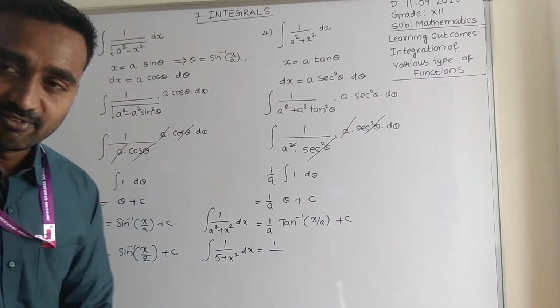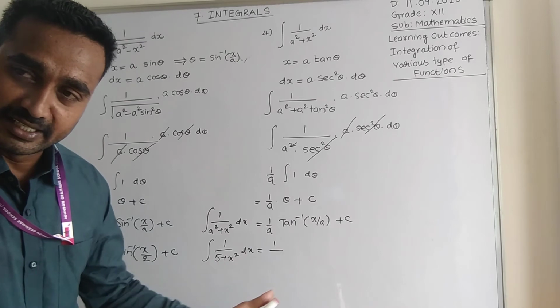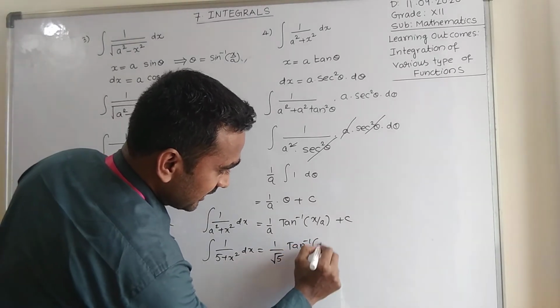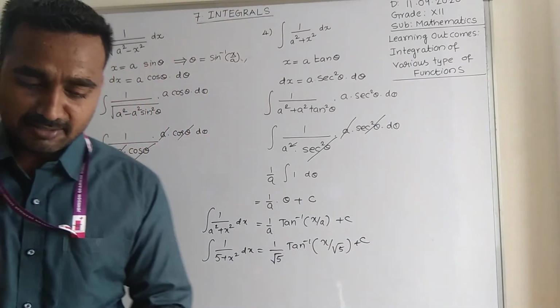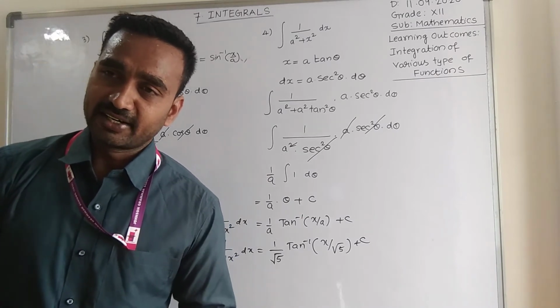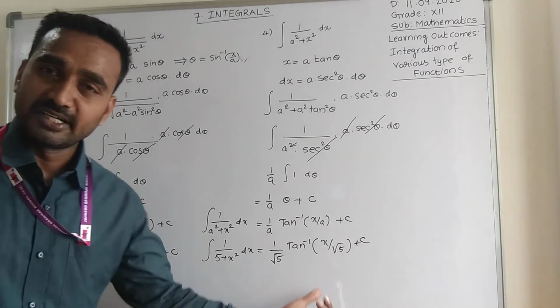What is a here, 5 or root 5? Please look here, a square is 5, then a is root 5. So 1 by root 5 tan inverse x by root 5 plus c. Yes students, this is example 3 and 4. This is how to find the integral of these types of functions, one example and one example.